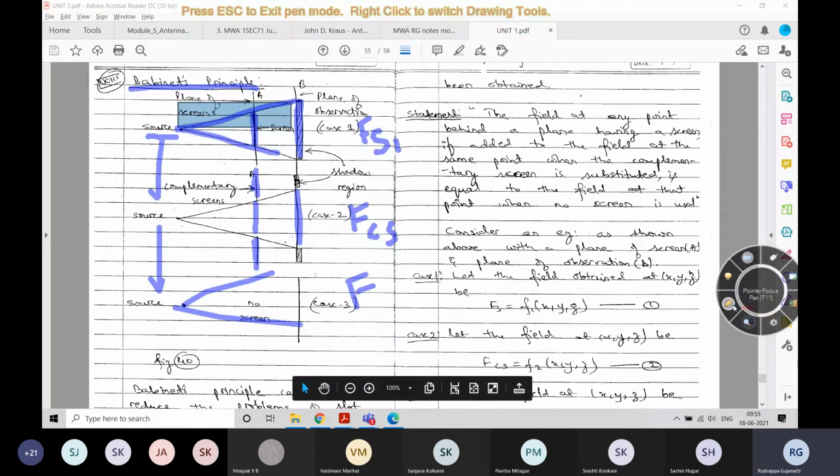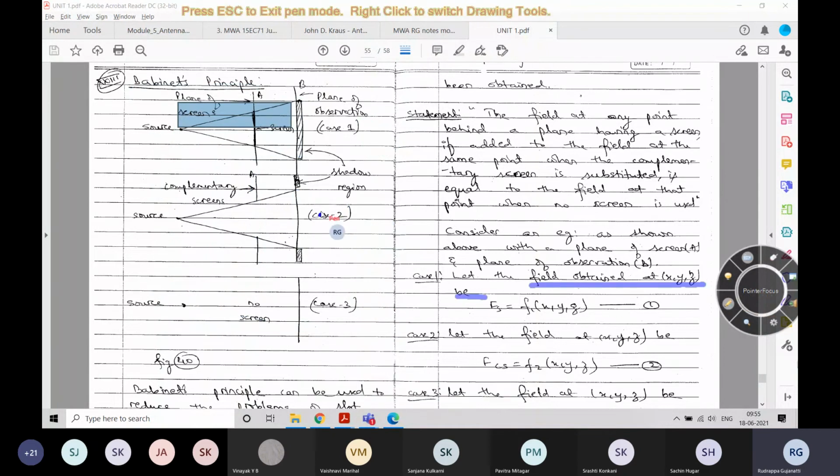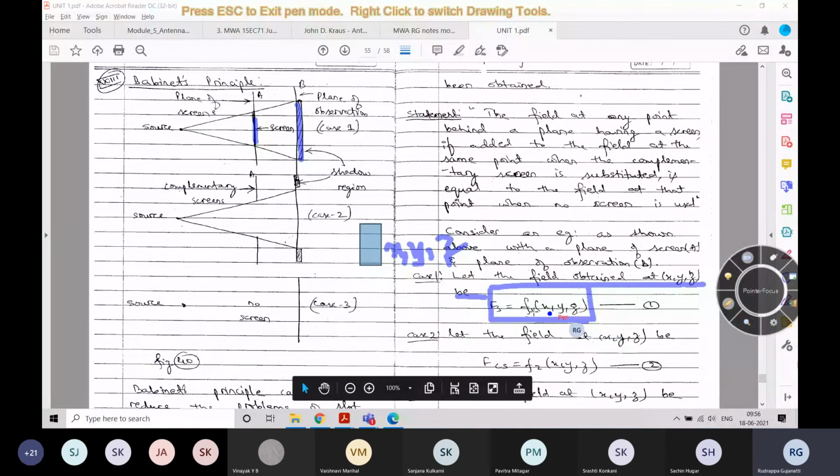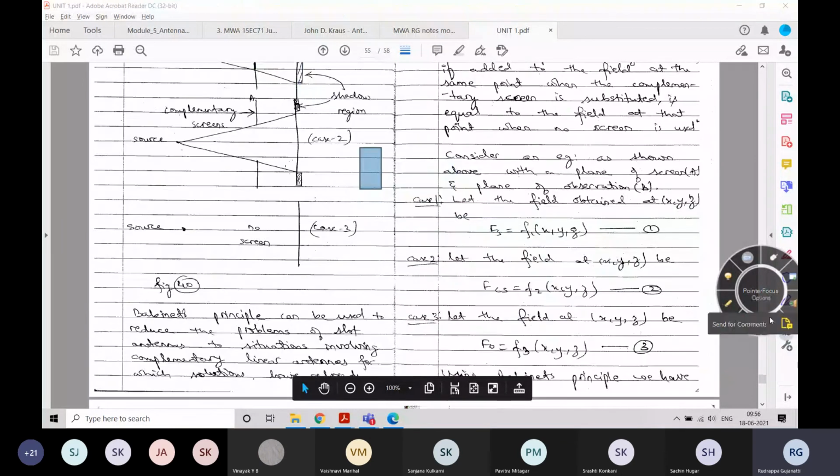The field is obtained at a point XYZ on this observation plane, so I consider one point on the screen. When the screen is present, we obtain the field Fs, represented as F1 of X, Y, Z. Similarly, in the next case, we consider the field due to the complementary version of the previous case.